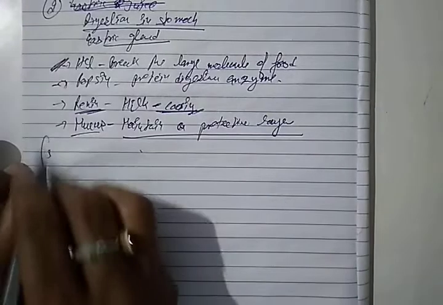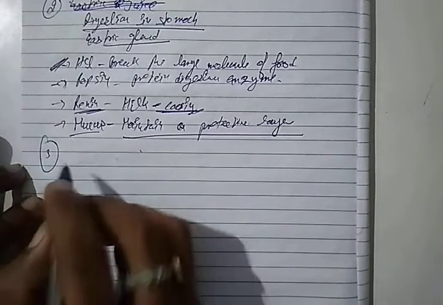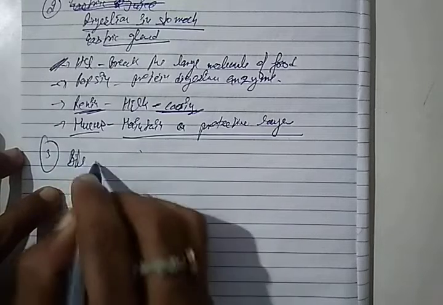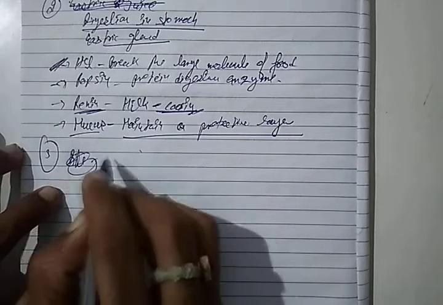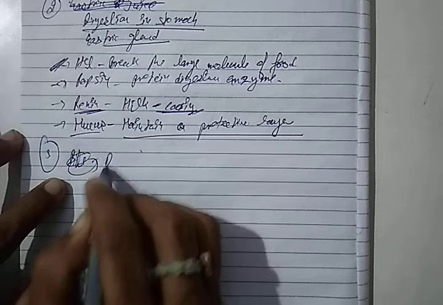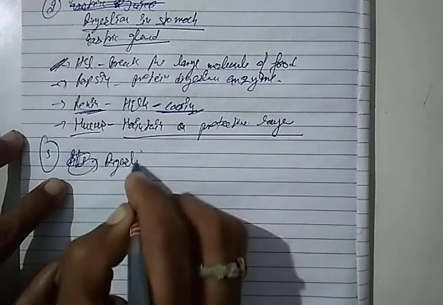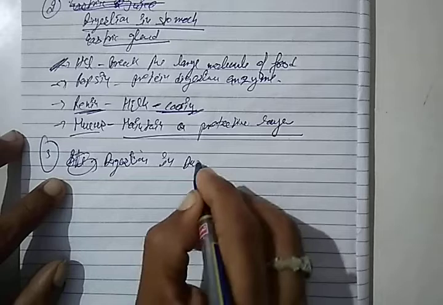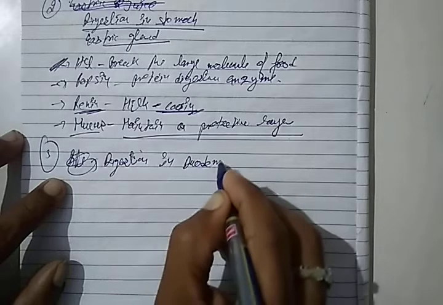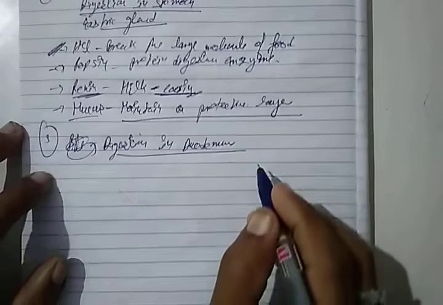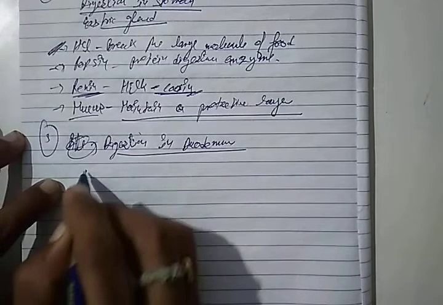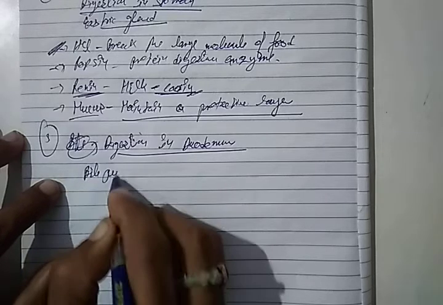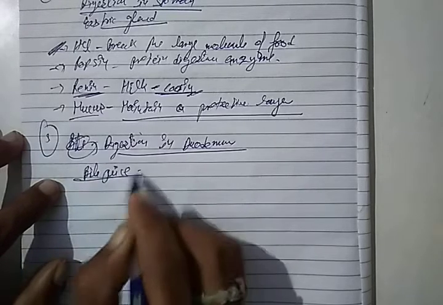Next, third is digestion in duodenum. In duodenum, first bile juice. What is the function of bile juice on food?